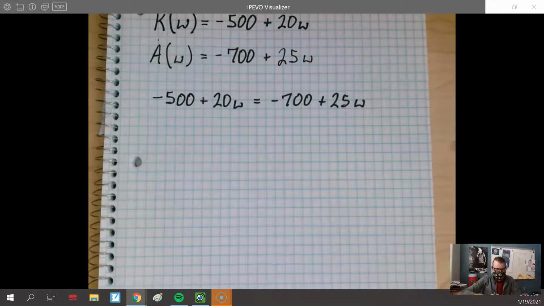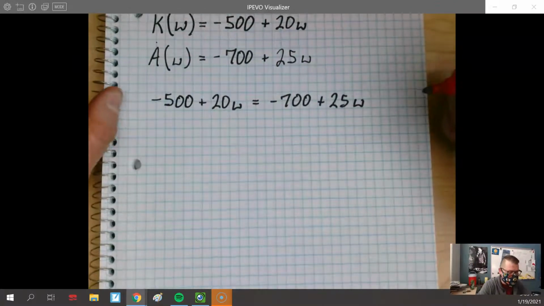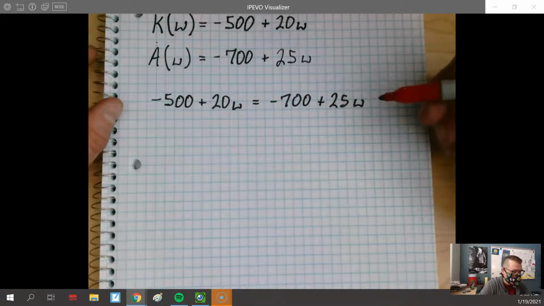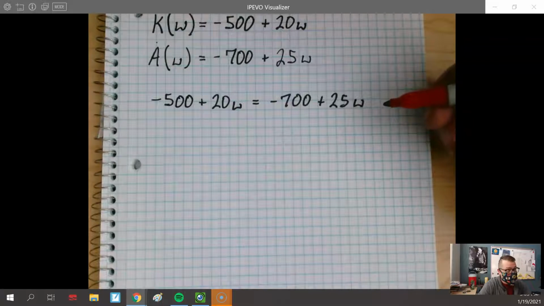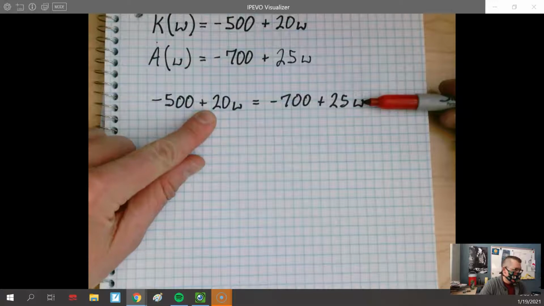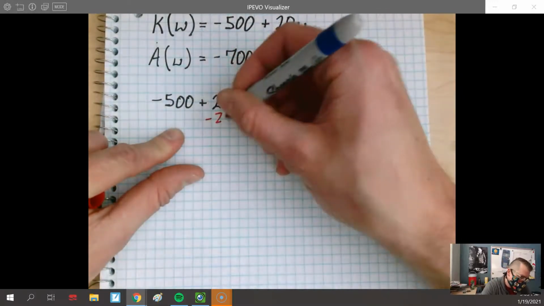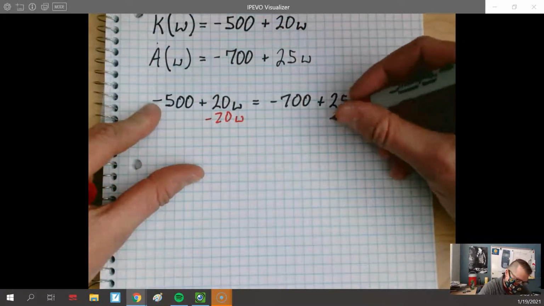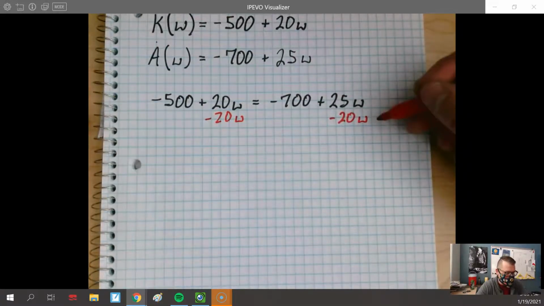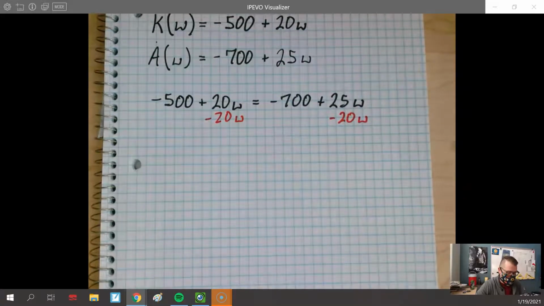So, to solve a system of equations, sorry, this is super duper bright. There we go. To solve a system of equations, we want to isolate the variable. The easiest way to isolate the variable is to take away, there's a couple different ways. If both variables are positive, get rid of the smaller one. So if we get rid of 20w, over here we will stay positive.